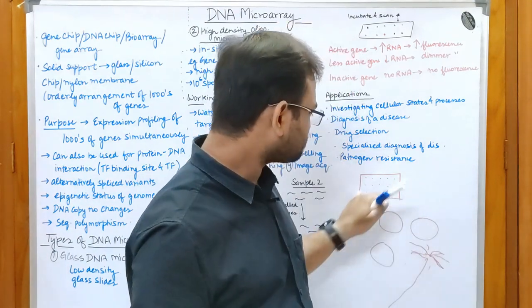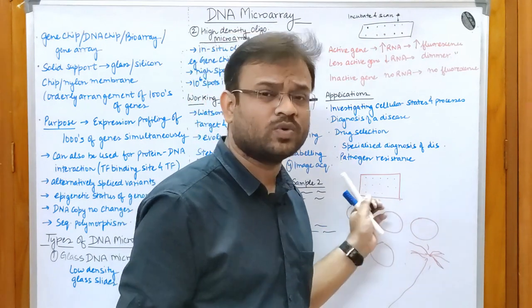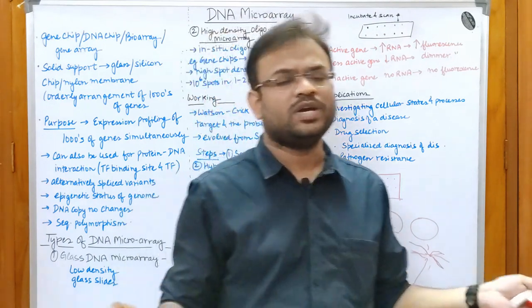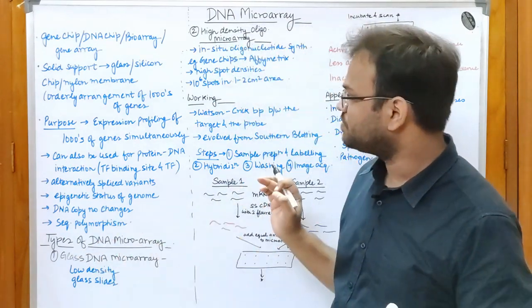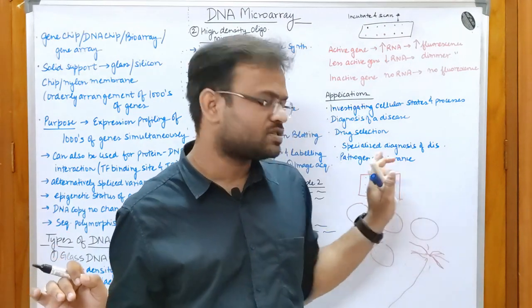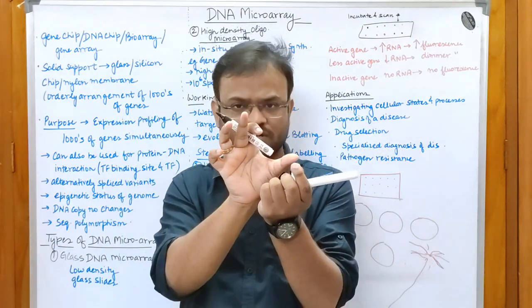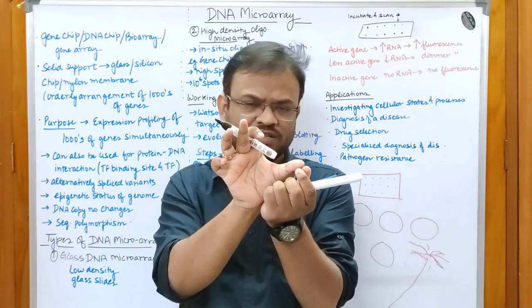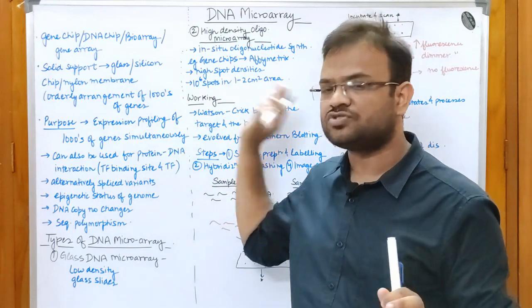You might be wondering how many genes can get attached on one chip, but we do it automatically, so thousands of genes can be attached. So there is an orderly arrangement of thousands of genes on this DNA chip.